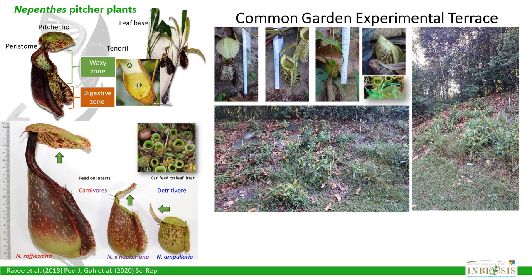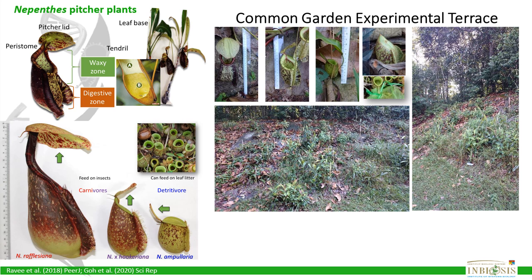In my study, I focus on these 3 species with very distinct diets. The Ampullaria grows on the ground, and can actually harvest leaf litter from the forest floor, whereas the Rafflesiana is a true carnivore, and their hybrid is also a carnivore. So we are comparing the parents and the hybrid.